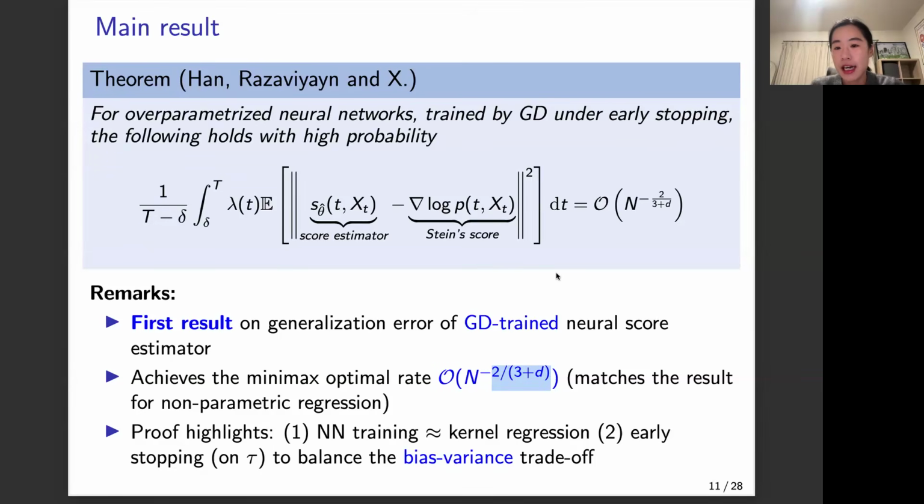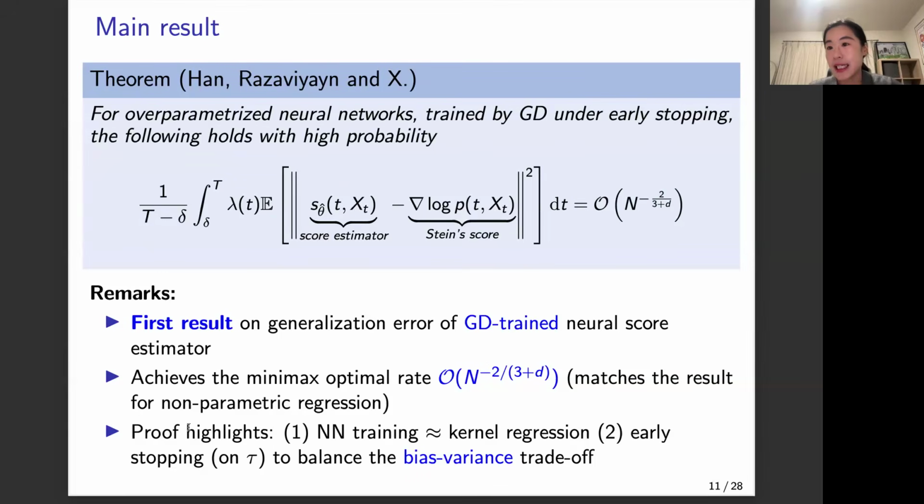Another comment is that if we think about images, the dimension D would be huge. So there are some recent studies taking a closer look at the data structure. For example, does my data have any low dimensional property, manifold structure, so that people can use that structure in the data to further reduce the curse of dimensionality here. But without further assumptions on data, this would be the best result one can expect.